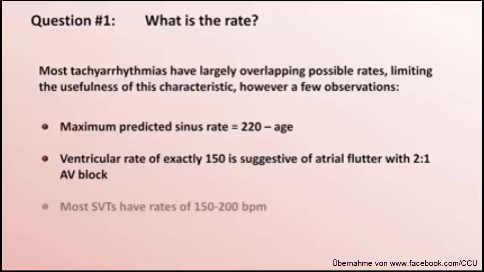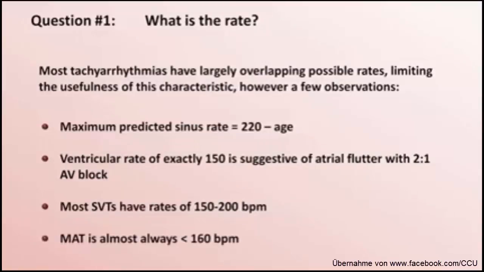The third observation is that most SVTs have rates of 150 to 200 beats per minute. While it's possible that an arrhythmia at 120 or 130 is due to a particularly unusual SVT, especially in patients on antiarrhythmics, this is not common. And last, multifocal atrial tachycardia is almost always less than about 160.